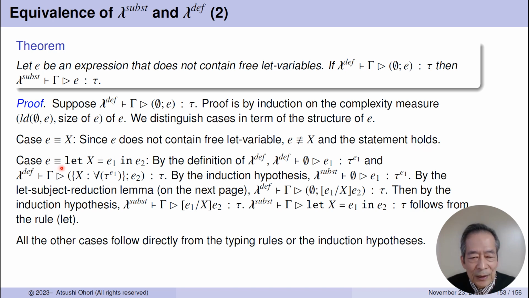For the case of let expression, by the definition of let def, since this typing is derivable, there is some typing of E1 of some type. I named this tau of E1, and this typing of the same type tau under X colon this polytype of this tau of E1, right?